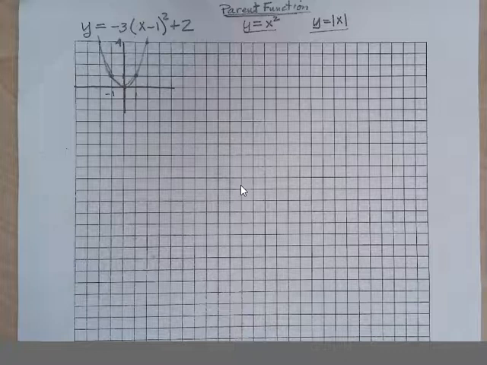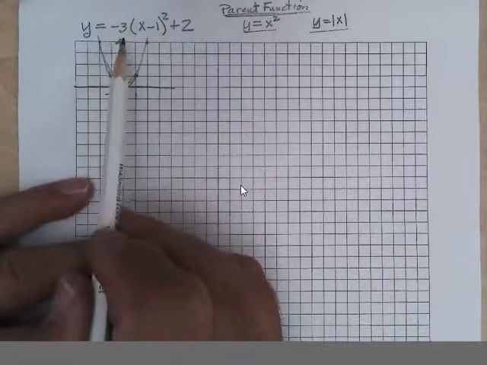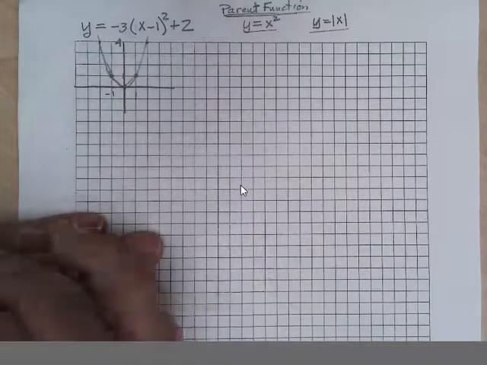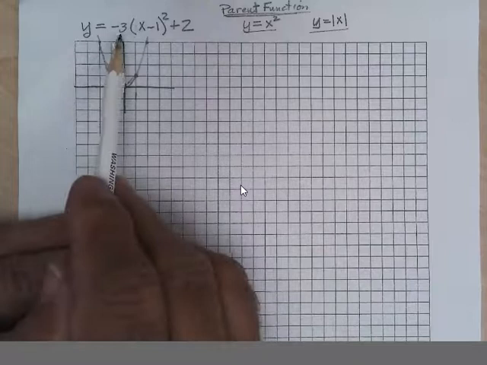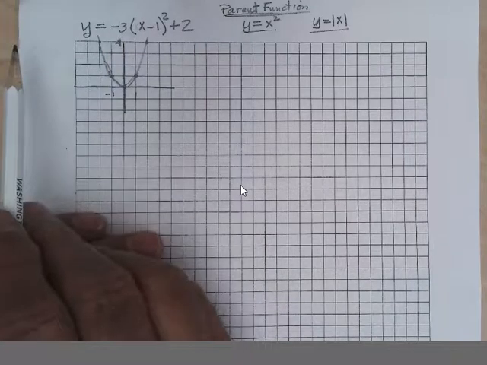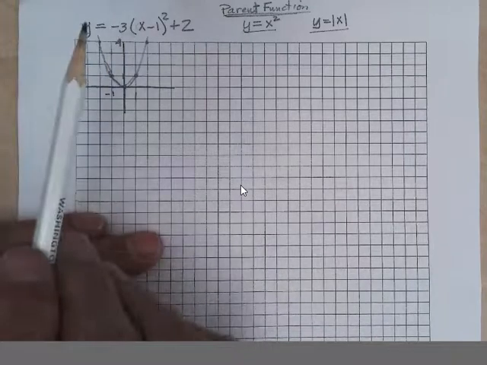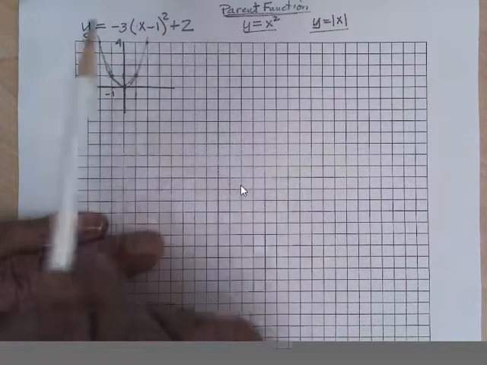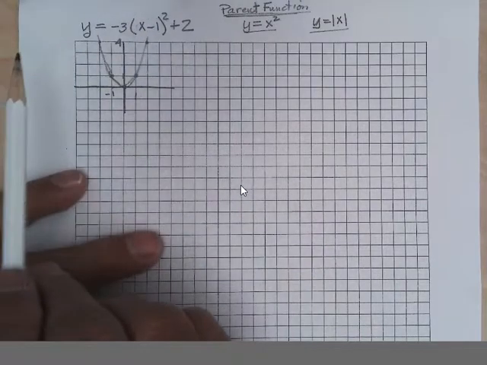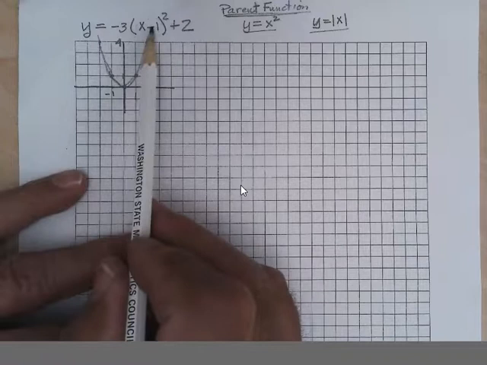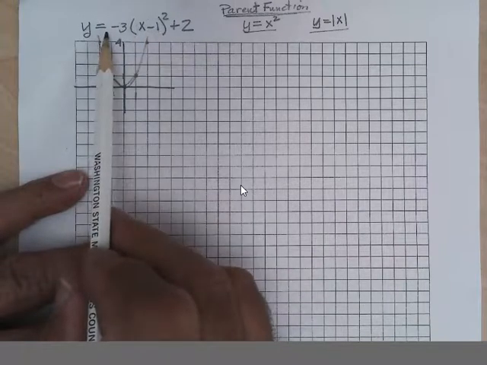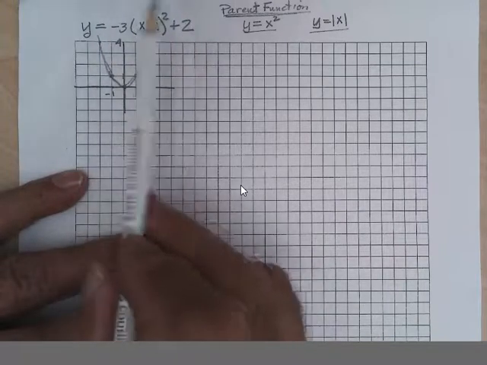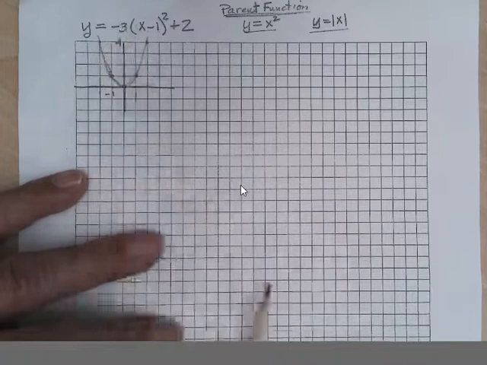And the parabola, identify these 5 points on the parent function graph. Okay. Then there are 4 transformations in this particular problem. I see 3 on the outside of the square and 1 on the inside. Now, the 1 on the inside is this minus 1. On the outside, there's a plus 2 and a negative 3.